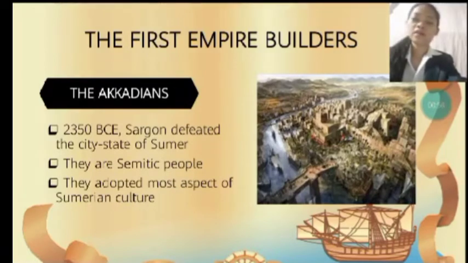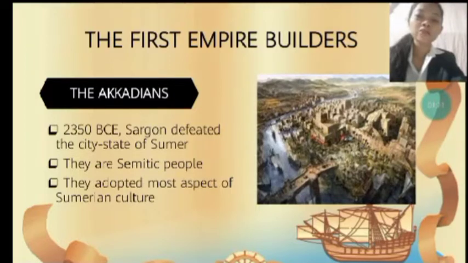Next is the Akkadian. About 2350 BCE, Sargon defeated the city-state of Sumer. Sargon led his army from Akkad, a city-state north of Sumer.